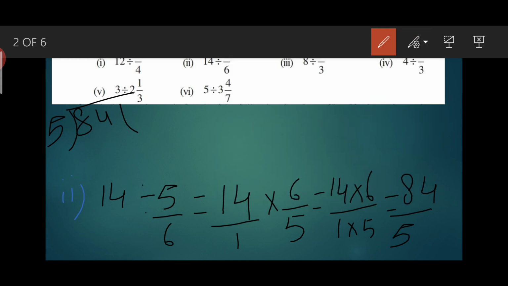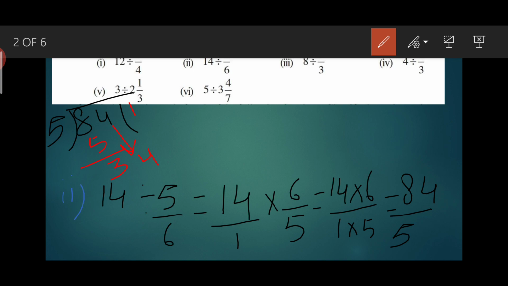So 5 ones are 5, what is the remainder? 8 minus 5 is 3. Now you have to take 4 from above, that is now your dividend is 34. Now you have to divide 34 by 5.